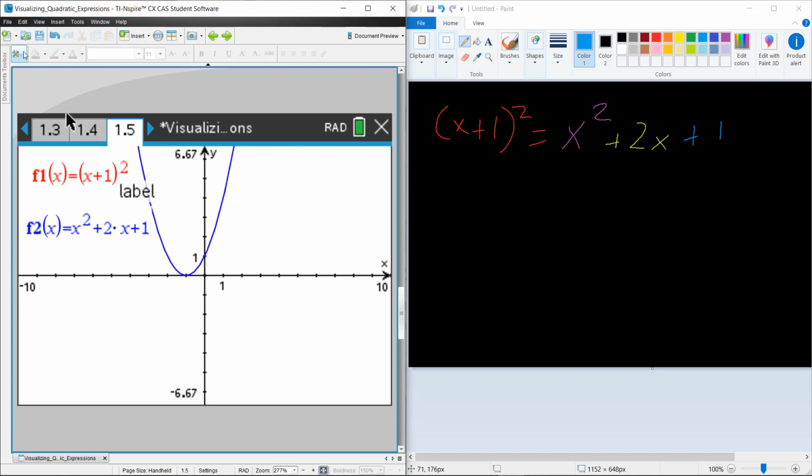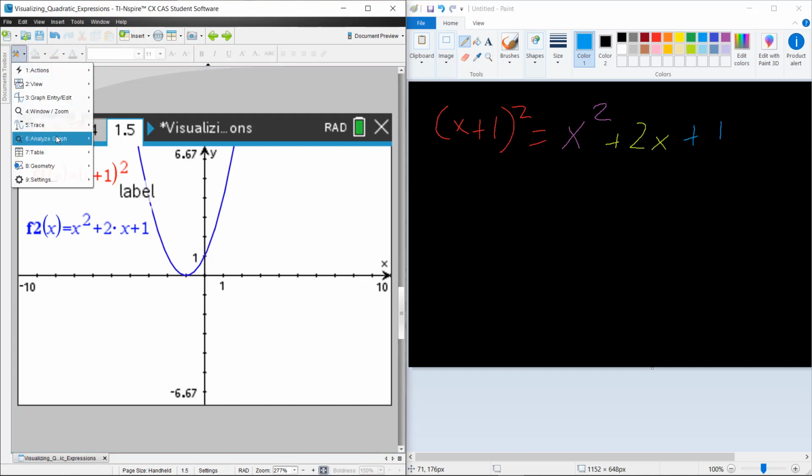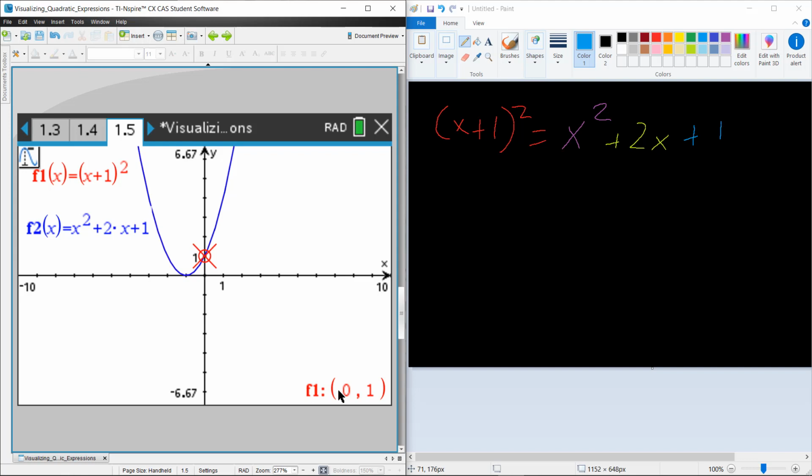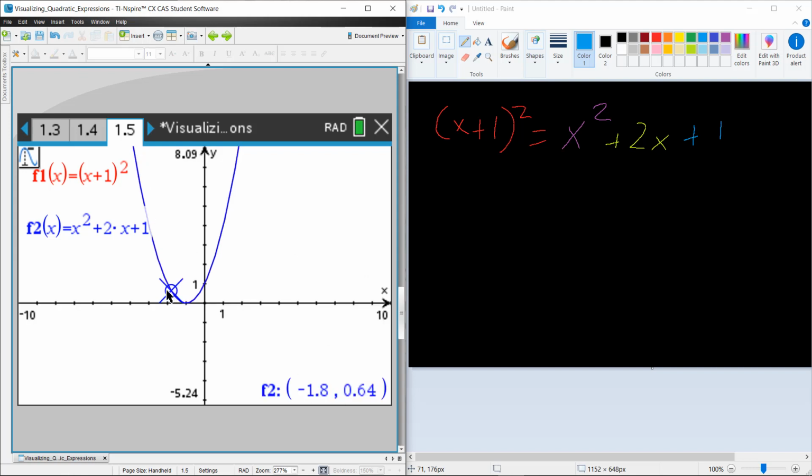We can also press the trace key. So I'm going to select that from the menu, and I'm going to just grab my trace, and notice I'm on the red graph here. I can see that both of my values, whether I'm tracing up or down on either of these two graphs, are equivalent in either one of these, F1 and F2.